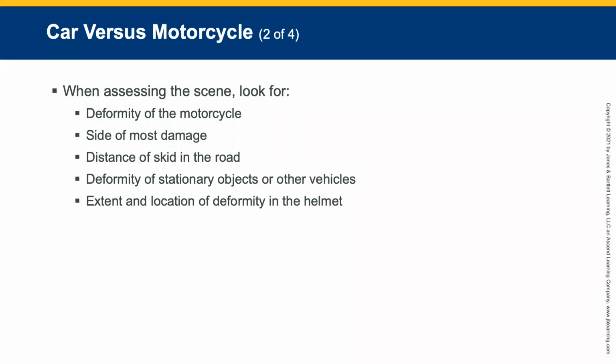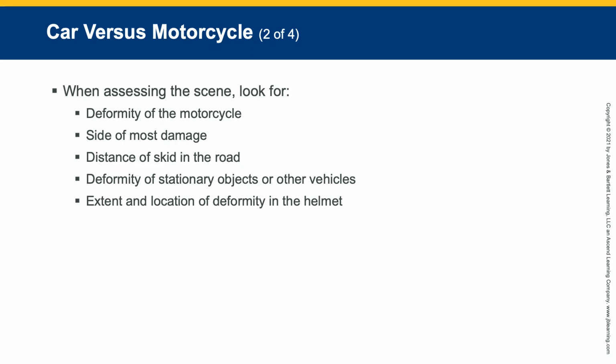So we want to know what side they were struck on. Also look at the distance of skid in the road, deformity of stationary objects or other vehicles, and the extent and location of deformity in the helmet.